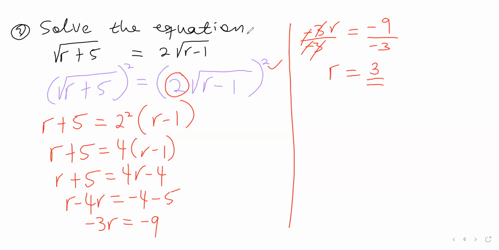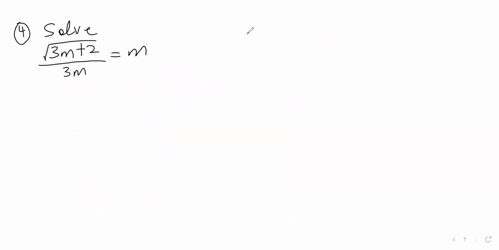All right, let's go to the next question. I think it's the last question. Solve the given equation. Now, there are 2 ways of solving this. You can either go straight ahead and square the 2 sides, or you can first cross multiply before you square.